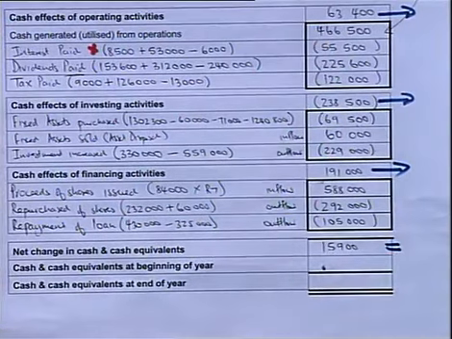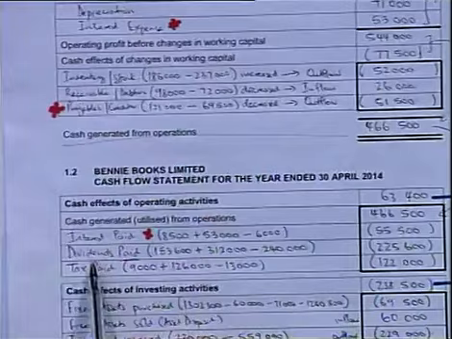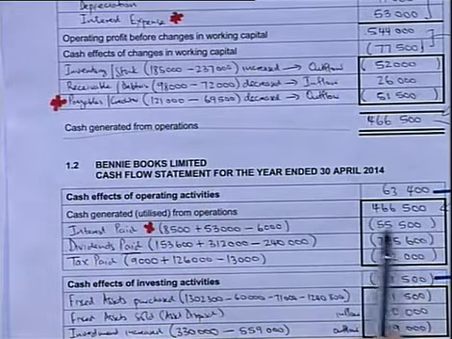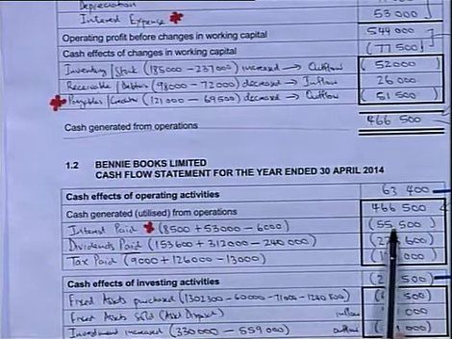So the net effect will be 15,900. Let's just see if there are any questions. Right, there's a question on the interest paid. The interest paid will be in brackets, so we don't have to add, you have to minus.